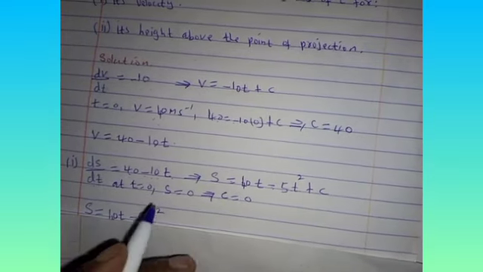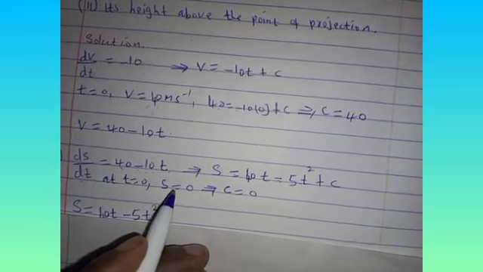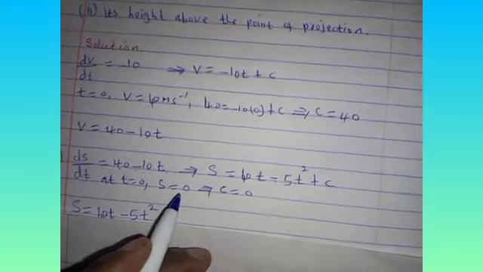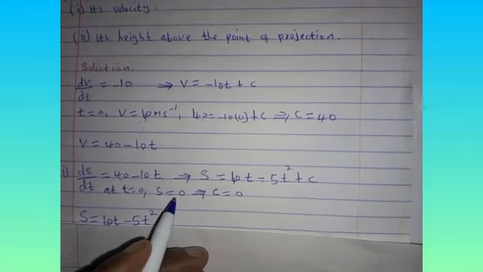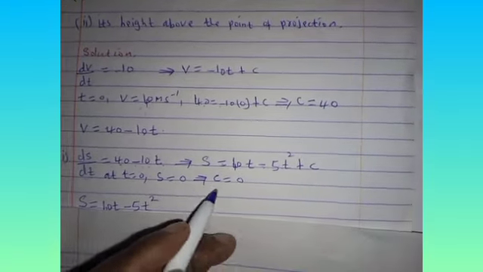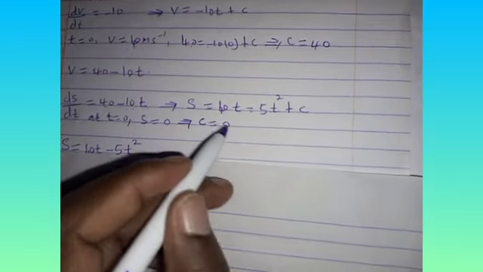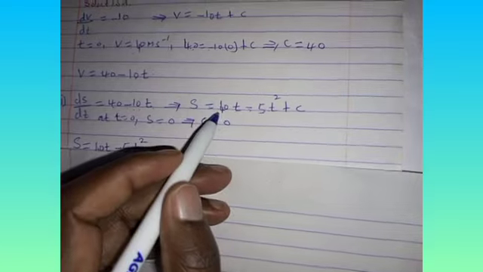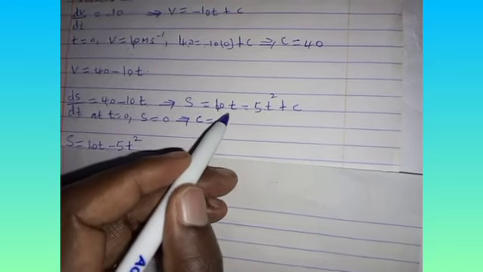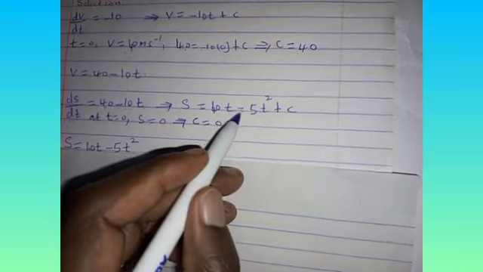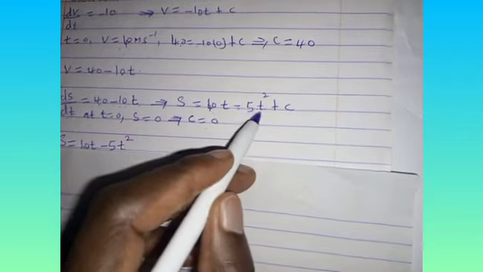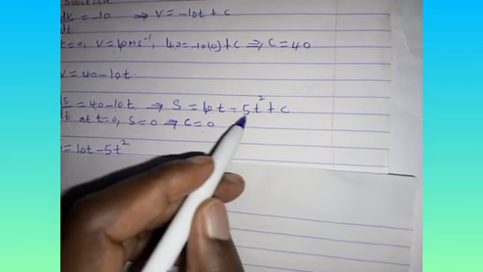Now, initially, at t is equal to 0, the displacement is 0. Before any time elapses, the displacement is equal to 0. So use that condition, t is equal to 0 when displacement is equal to 0, to get our c. We substitute here. 40 times 0 gives us 0, -5 times 0 squared gives us 0, 0 minus 0 is 0.